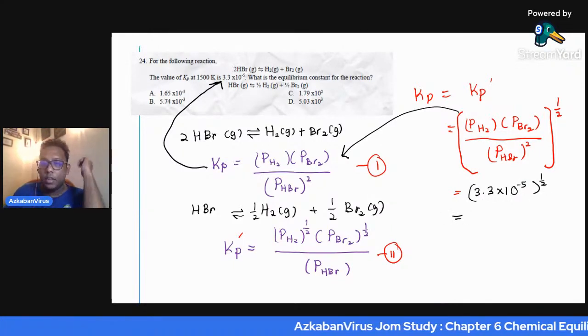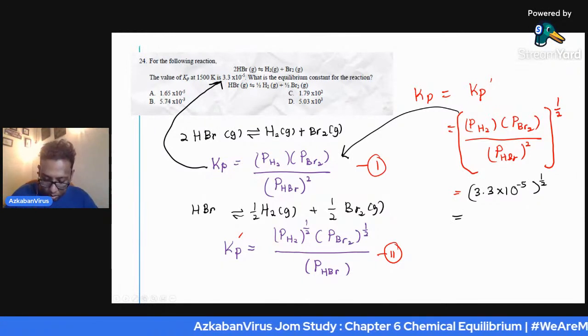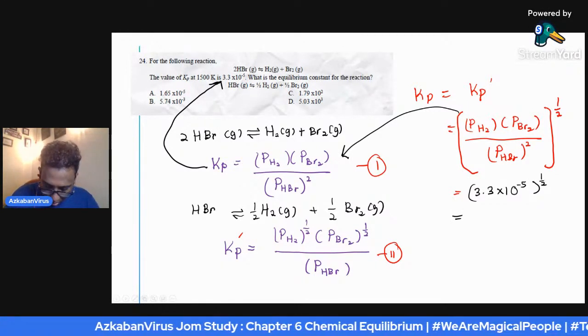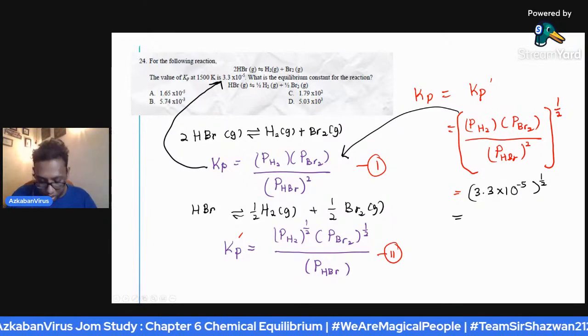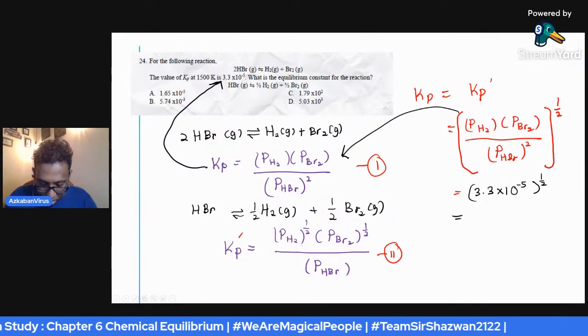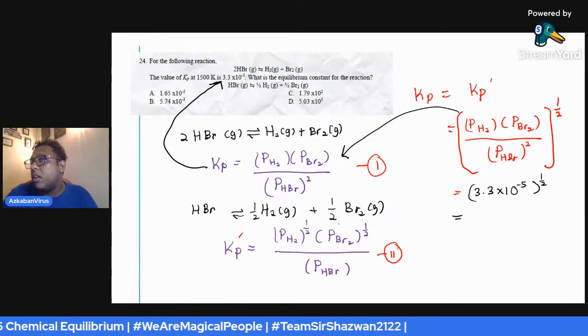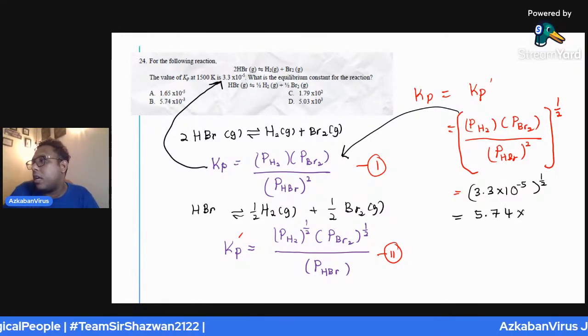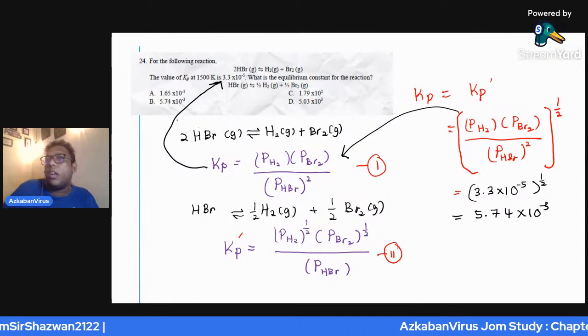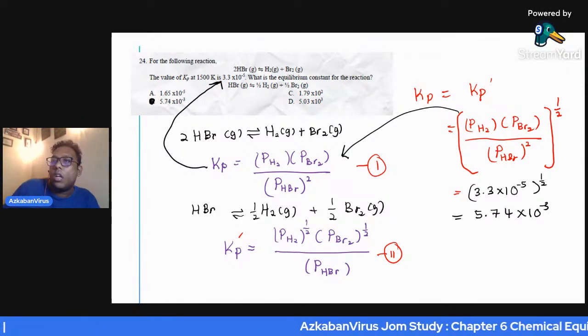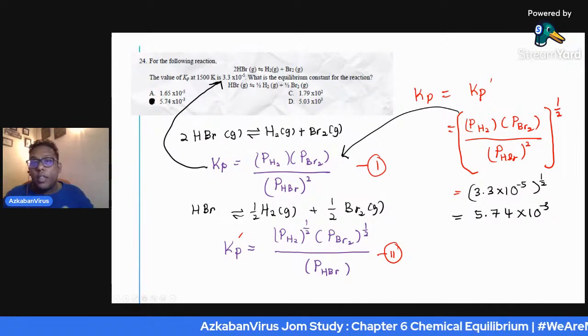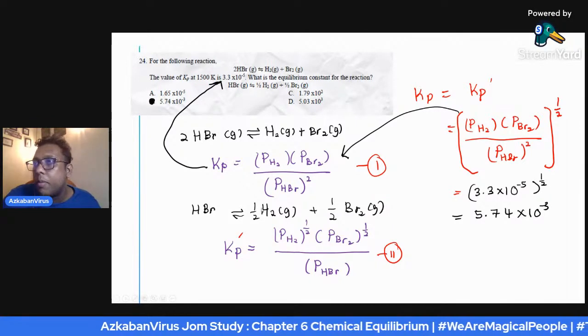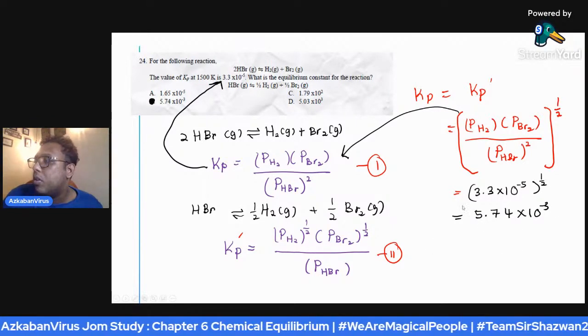So, dia sama dengan 5.74 darab 10 kuasa negatif 3. Okay. Tu soalan ni saya memang tak buat dulu sebelum masuk tau. Saya memang buat bersama kamu.